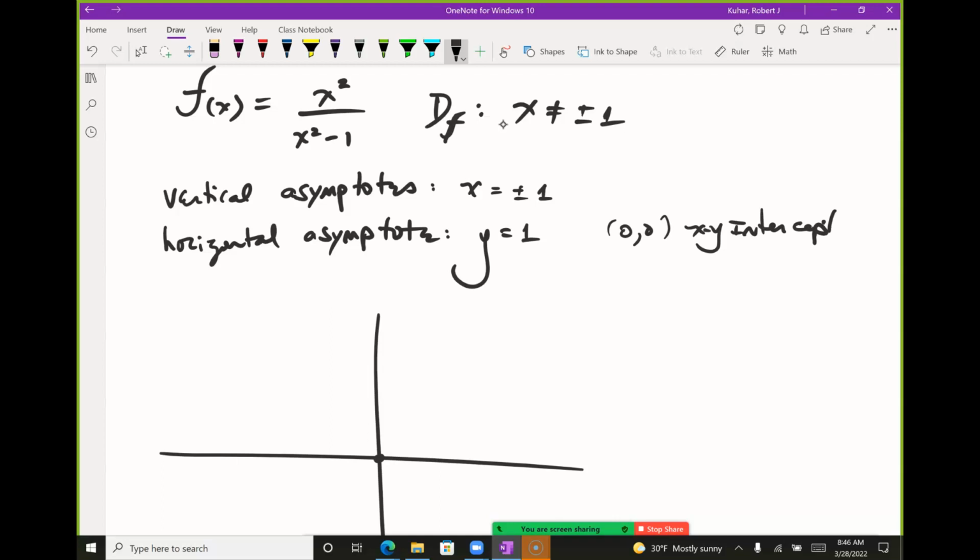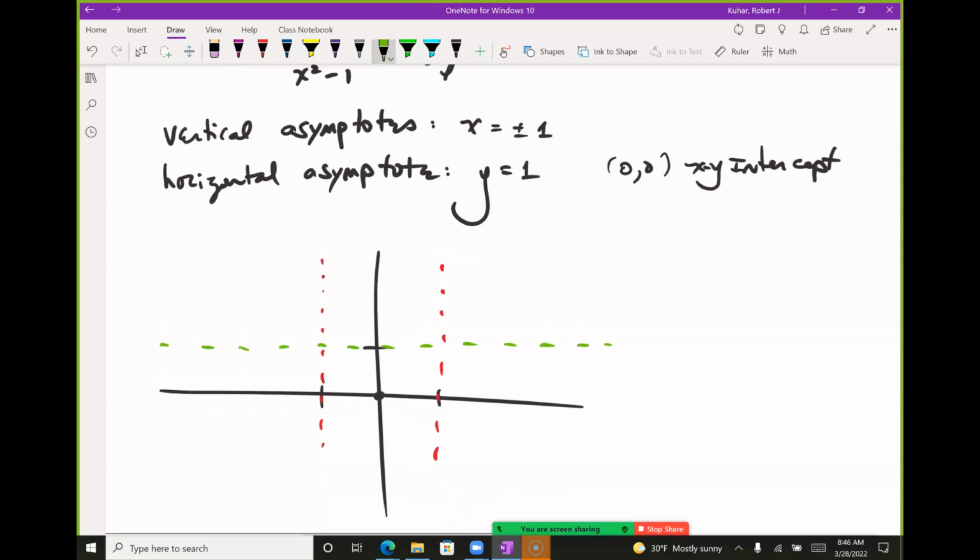Of course, we have our calculators, so I'm not too worried about this stuff. But I know I have vertical asymptotes at -1 and +1. I have a horizontal asymptote at +1. I can already see my graph is down here. And then just by plotting points or looking at my calculator, I can see the rest of the graph is here.